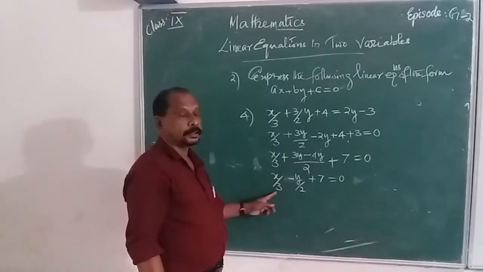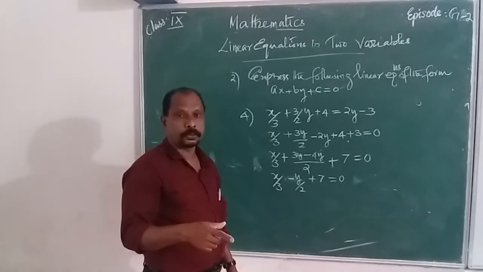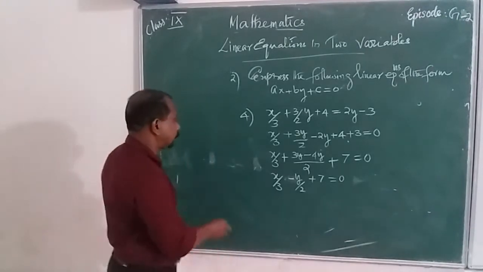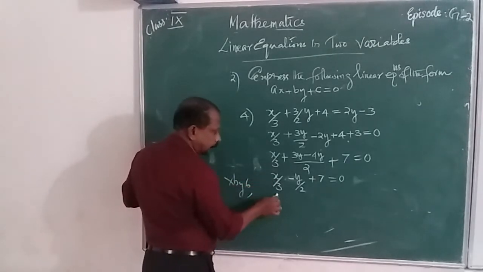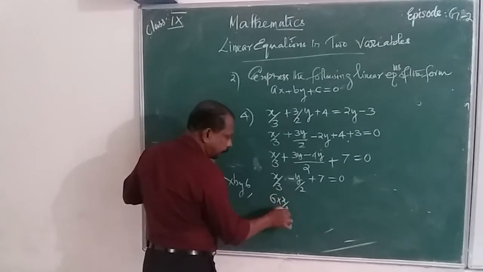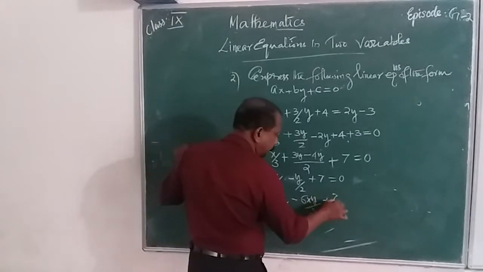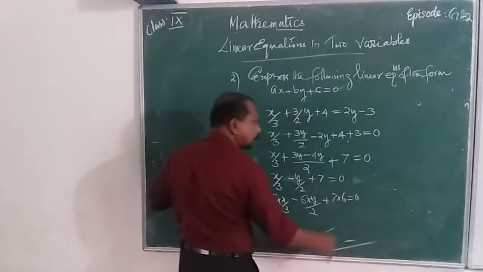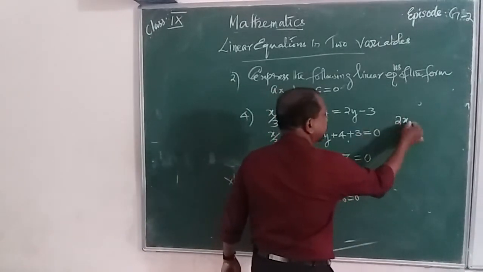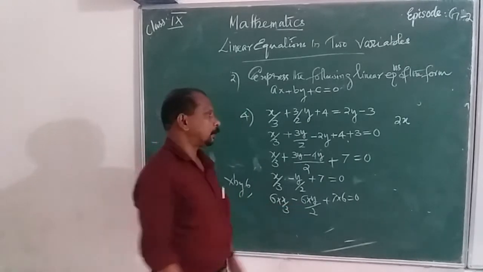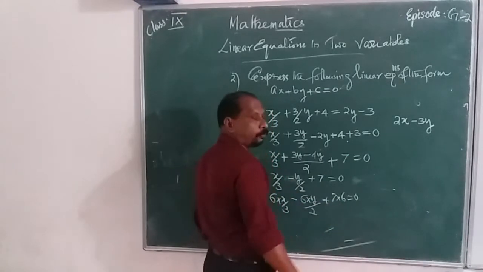The denominator of x is 3, of y is 2. The product of these two is 3 into 2, that is 6. Therefore, multiplying by 6: 6 into x by 3 minus 6 into y by 2 plus 7 into 6 is equal to 0. 6 by 3 is 2, that is 2x. 6 by 2 is 3, minus 3y. 7 into 6 is 42.